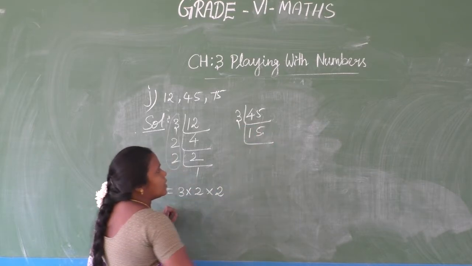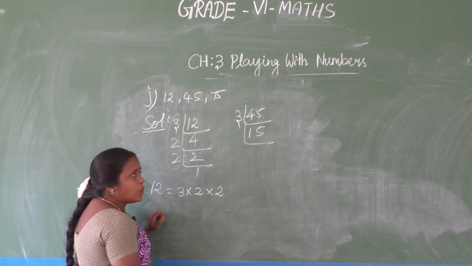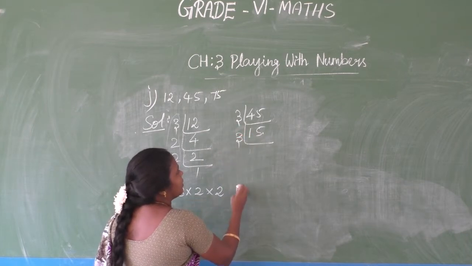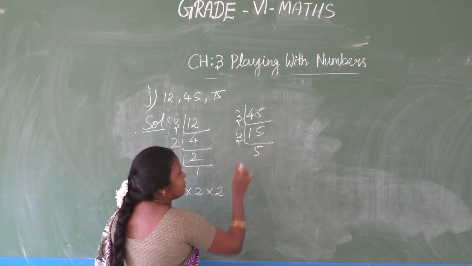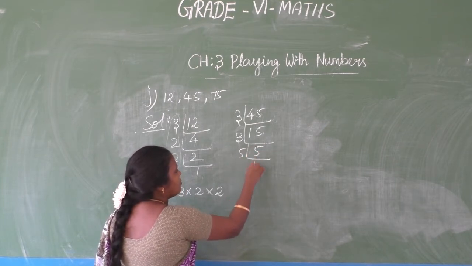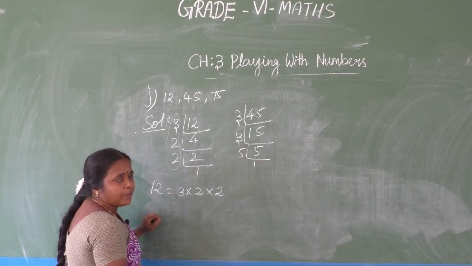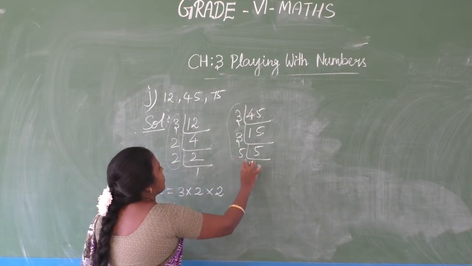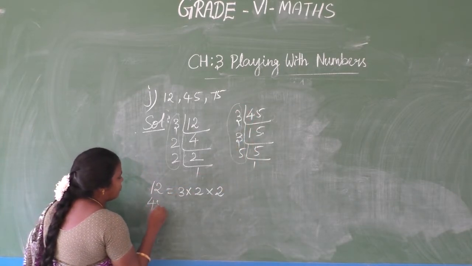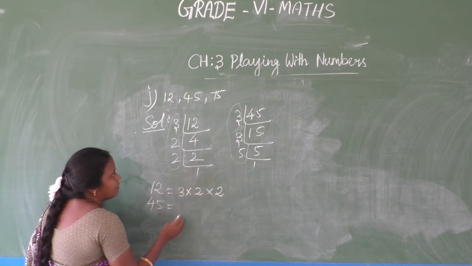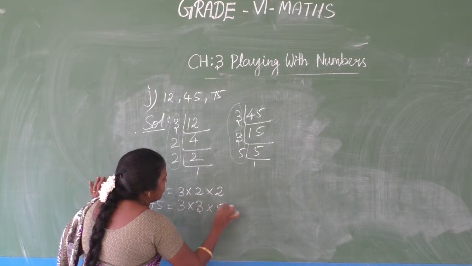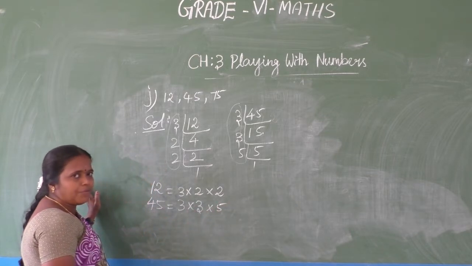Now 15 is also a composite number. So try by an odd prime. Again 3. 5 3s are 15. 5 is a prime number, leave it. So 1 5 is 5. These are the prime factors of 45. So 45 can be expressed in prime factors as 3 into 3 into 5. 3 3s are 9, 9 5s are 45.